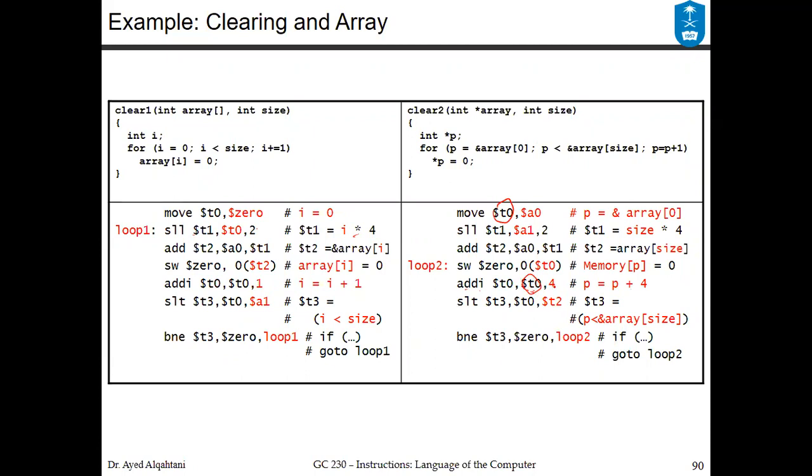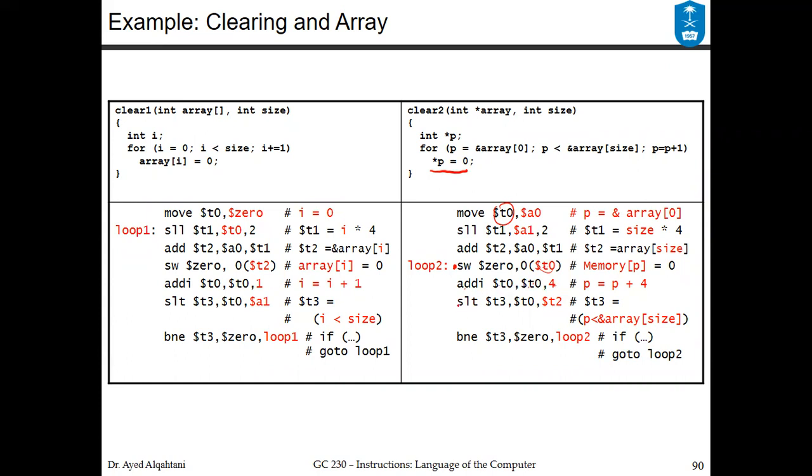So we are adding 4 to the pointer that we have, which is T0. So T0 now has the pointer value. And this is why we are able, in the beginning, to assign 0 to whatever pointer at T0. We're assigning 0 to it directly. And after that, we add 4 to go to the next place.